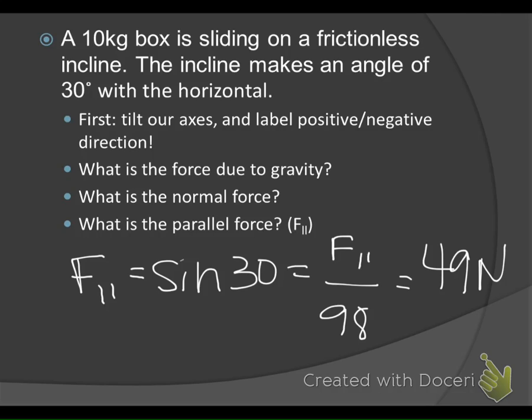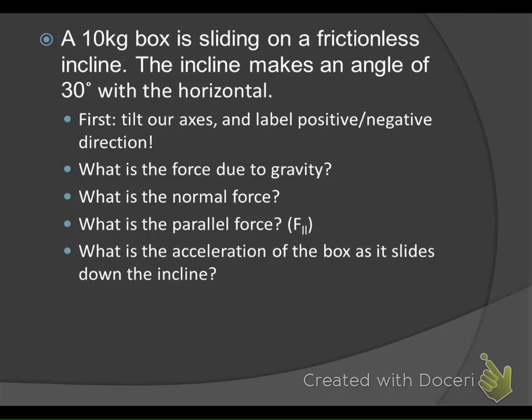Okay? So our overall goal here is to find acceleration down the incline. If we look at our incline and the acceleration that this object is experiencing, is it in the x direction or in the y direction? X, yeah. It's in the positive x direction because it's sliding this way, and we chose down to be our positive direction.